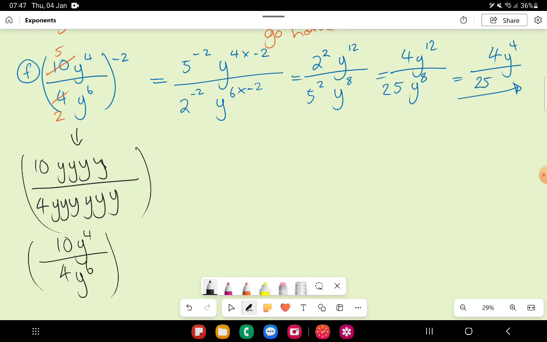So what we could also do is, when we simplify in the bracket, we can say 5 over 2, and then we can cancel the y's. We can take 4 away here, and this 6 minus 4 becomes 2.